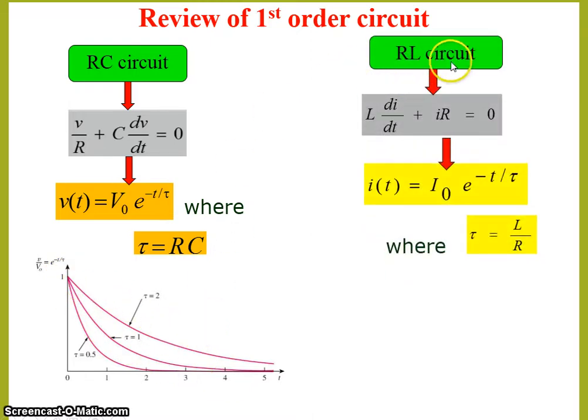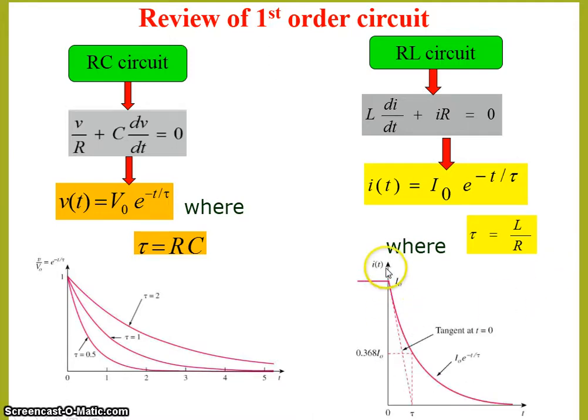Same thing when we come to an RL circuit, again KVL is applied, we get the current equation, and this is the current given out by the inductor. The inductor stores the magnetic field in terms of current, and this curve is the current given out by the inductor.